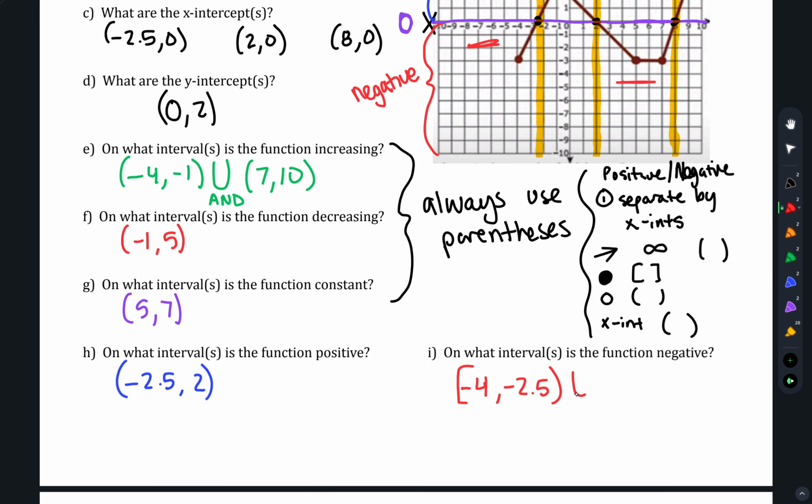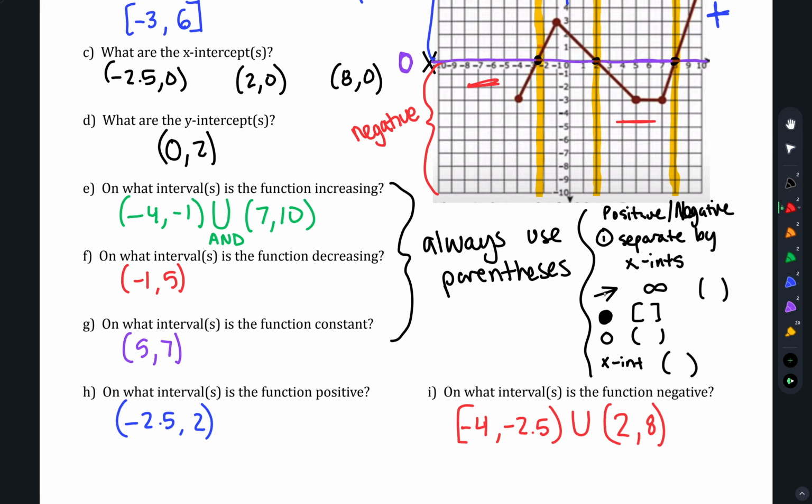I'm going to put a U in the middle for union. 2 to 8. Brackets or parentheses? Parentheses again because I'm looking at x-intercepts. And then the last section is this guy up here from 8 to 10. It's positive. One's a parenthesis. 8 is an x-intercept, it gets a parenthesis. 10 is an endpoint with a closed circle, so it gets a bracket.